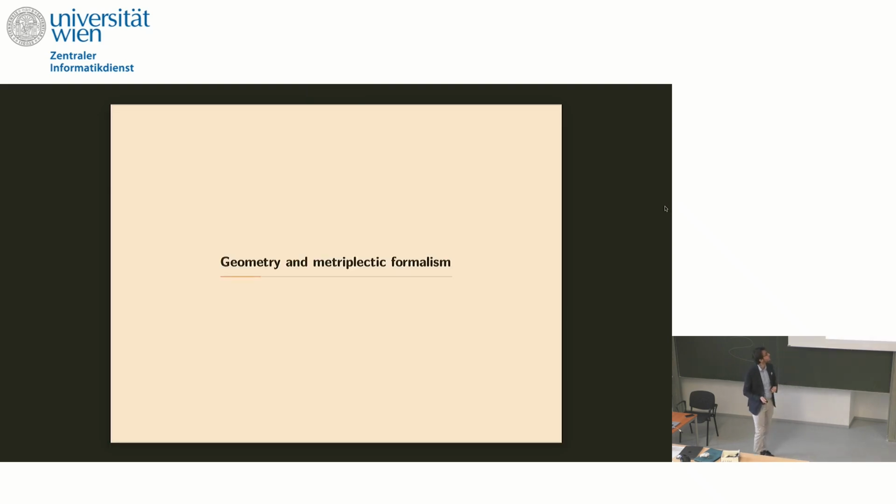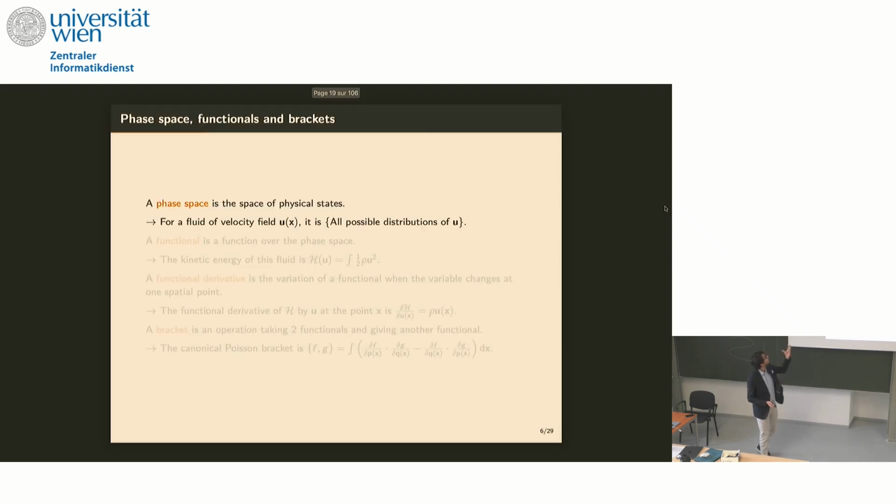So for the first part, let us discuss the metriplectic formalism. If I go back to basics, we want to work in a phase space. So we have a space of configuration plus a space where you allow the velocities to live. For example, for a fluid, it will be the set of velocity fields. And we want to allow functionals on it.